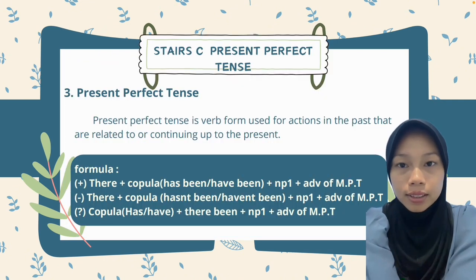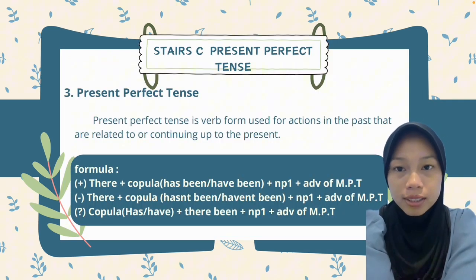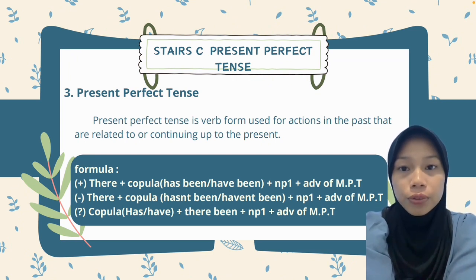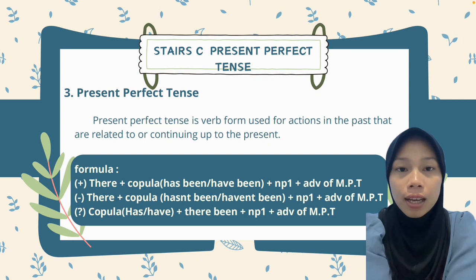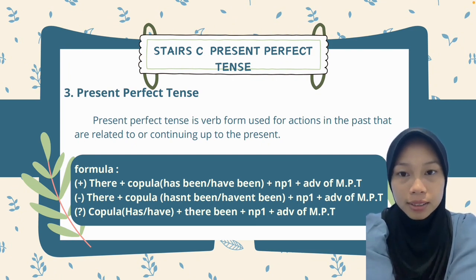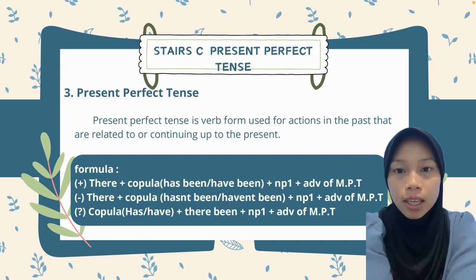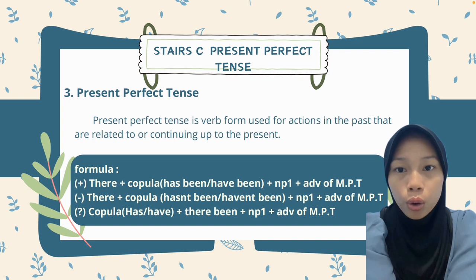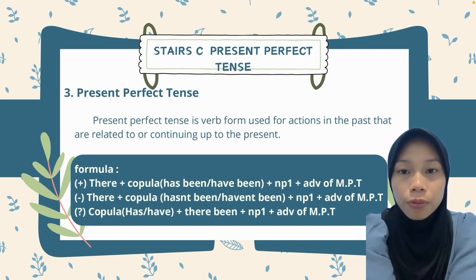And the third is about the present perfect tense. So present perfect tense is an English verb form used for actions in the past that are related to or continue up to the present. The formula is there plus copula, has been or have been, NP1 plus adverb of NPT.